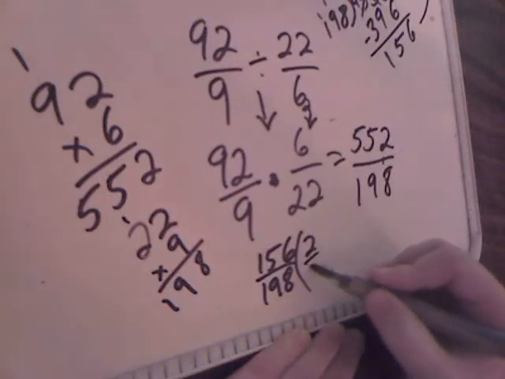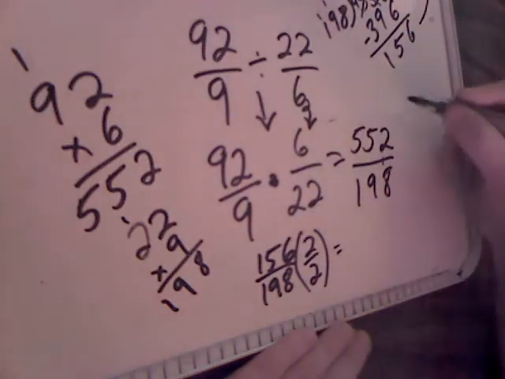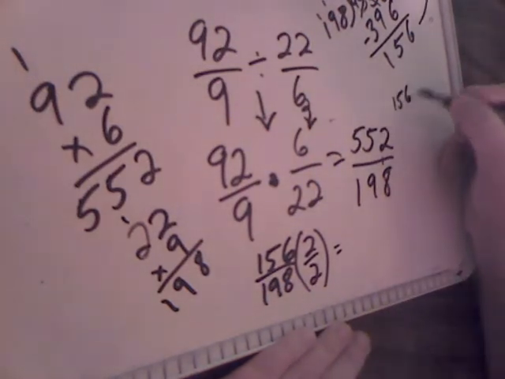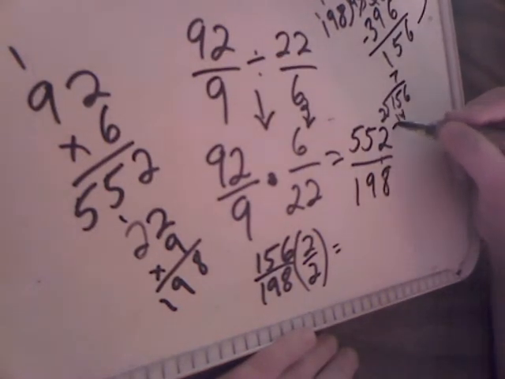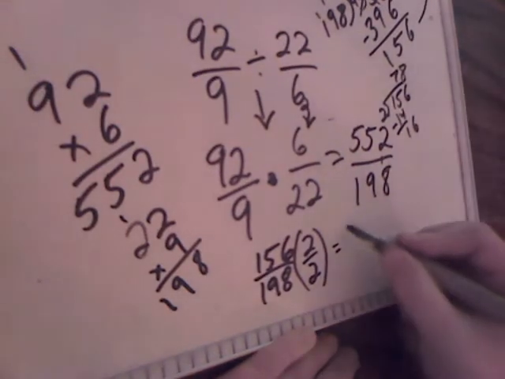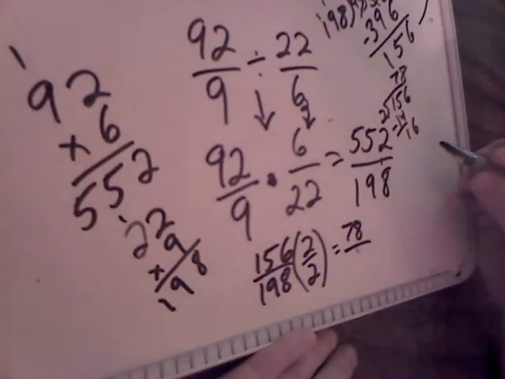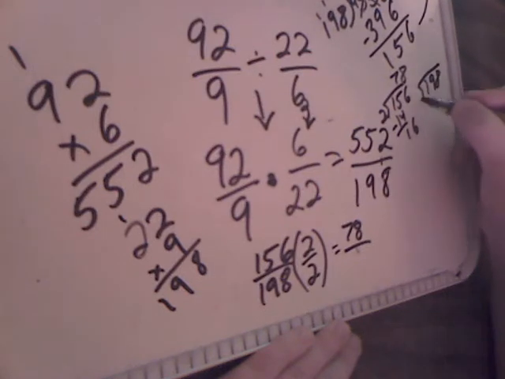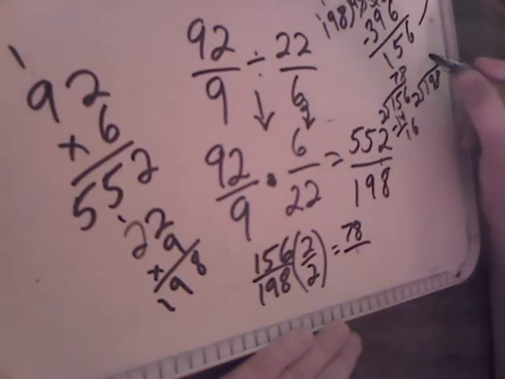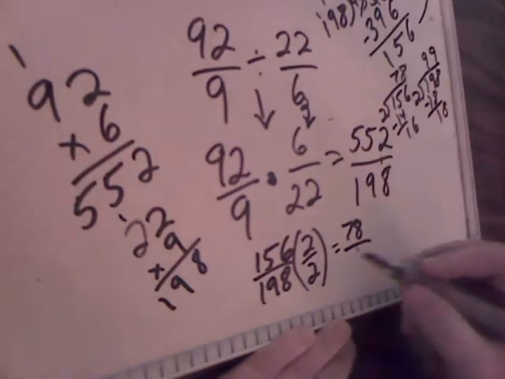Let's try dividing by 2 over 2. 156 divided by 2: 2 goes into 15 7 times, so that would be 78. It's not an 8, that's a scribble. Over, let's look at 198 divided by 2. 2 goes into 19 9 times, 18. So we have 99.